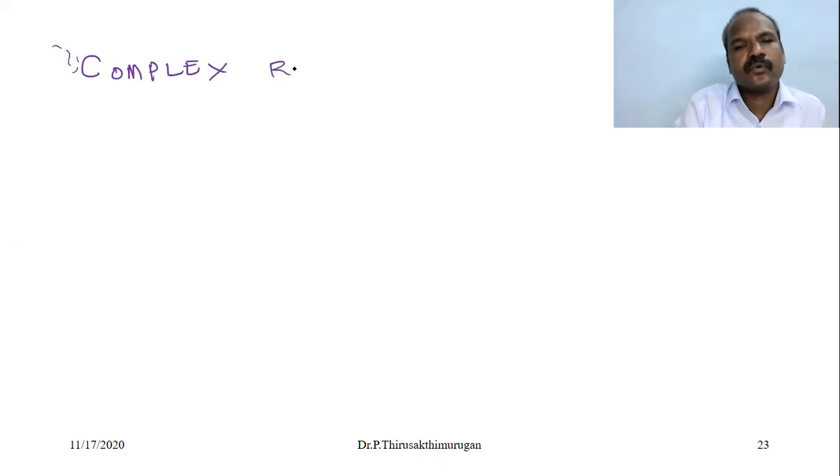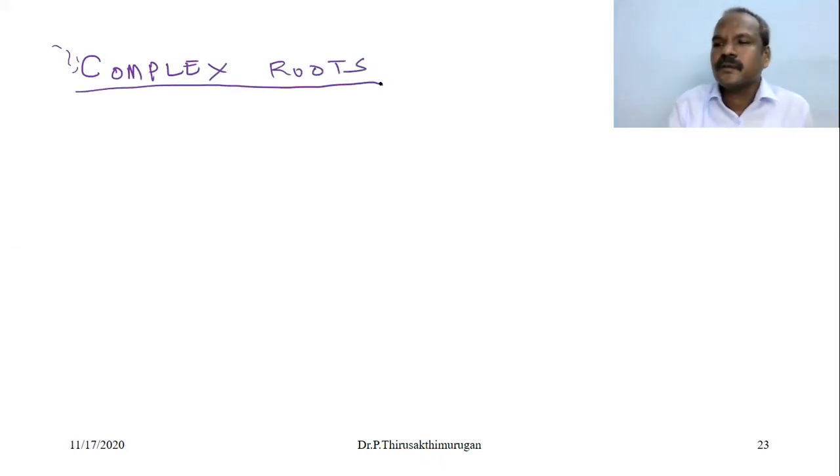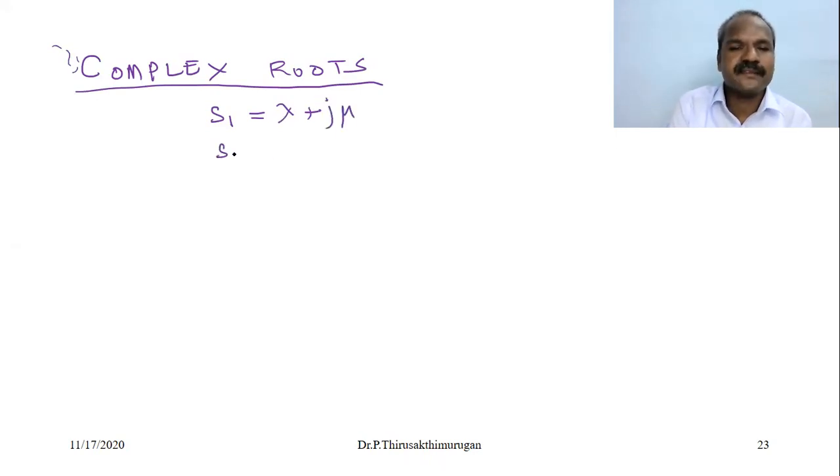Complex roots. Say one root is S1 equal to lambda plus j mu. Another root is S2 equal to lambda minus j mu.